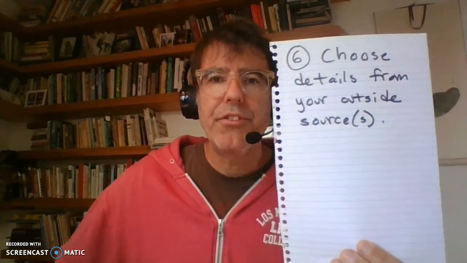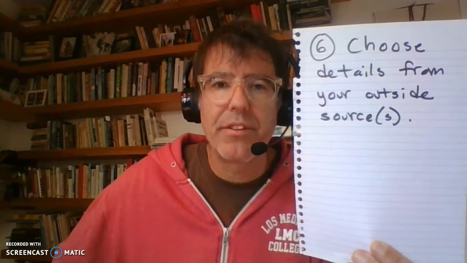Number 6, choose details from your outside sources. Essay 2 is a research paper. About half the essay will come from your outside sources. For the rough draft, you need to use at least one article, an outside source that's about your topic.